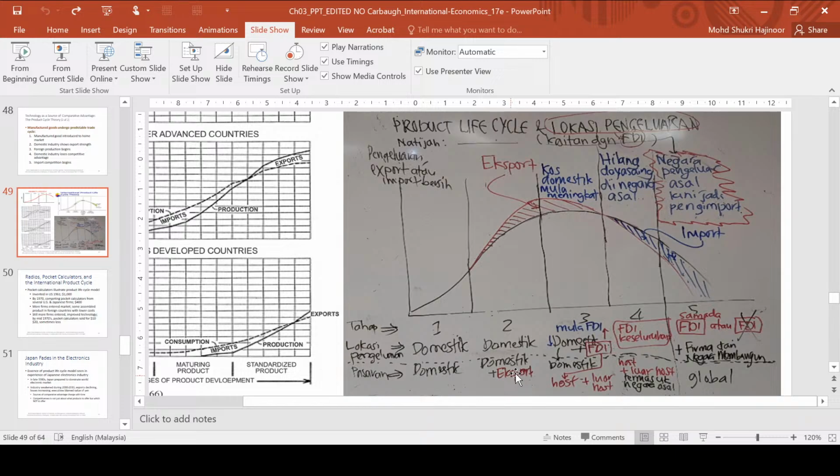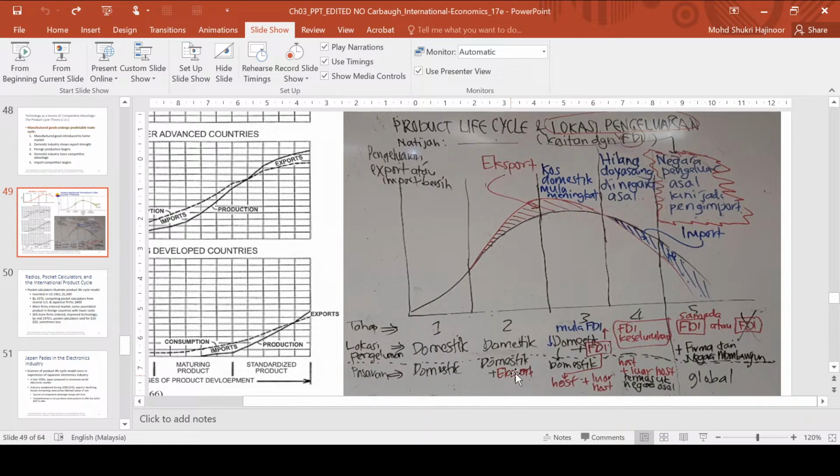So the location of production now: domestic decreases, the arrow going down. Overseas through FDI increases. Reduction of domestic production, but more and more production takes place overseas.